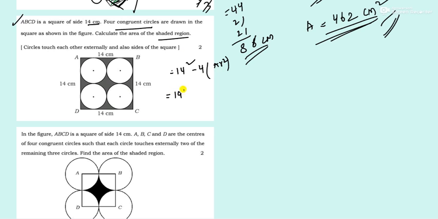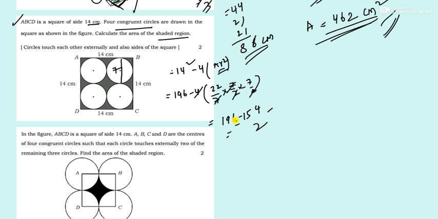So it is 196 minus 4 into 22 by 7 into what is r? So if this is 7, r will be 7 by 2. Correct? So 7 by 2 into 7 by 2. So 2 2s are 4, 4 cancel, 7 7 cancel, 196 minus 154, which is equal to 42. Correct? So it is 42 centimeters squared.